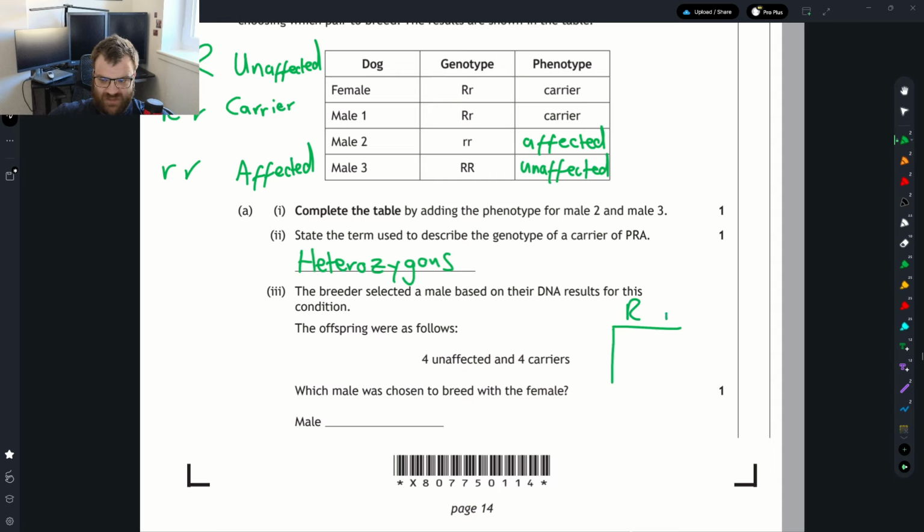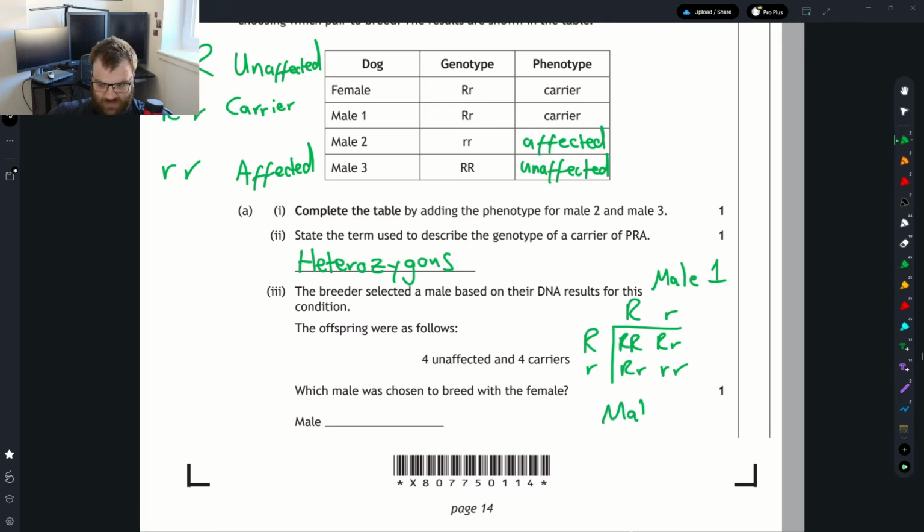So if we go for male 1, well, if they have one of each as well, we would end up with 2 big R's there, one of each, and 2 little ones. So in this case, they have carriers, affected and unaffected. That does not match the information that they're saying there, because they have all 3 types.